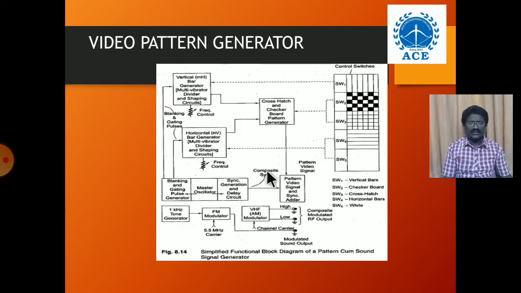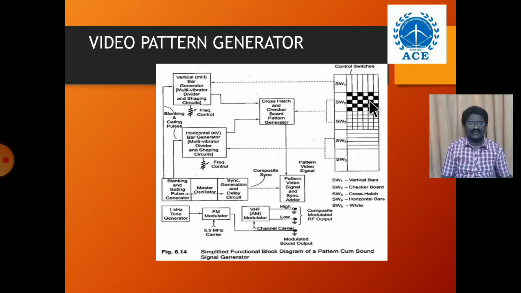The output signal is designed to produce simple geometric patterns like vertical and horizontal bars, chessboard patterns and cross hatch.